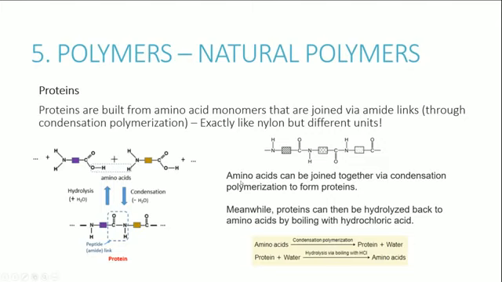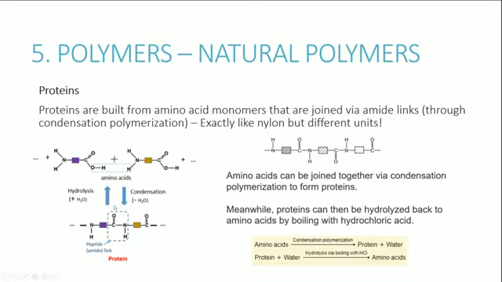So the amino acids will have the carboxylic acid group and the amine group attached onto the molecule. Again, the OH group from the carboxylic acid will form water with the hydrogen from the amine group that you find in the amino acids, and so in the process of condensation, removing that water will bond the carbon and the nitrogen, and you get a peptide or an amide link forming.